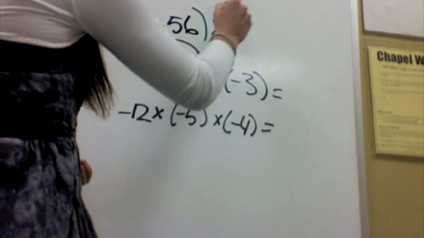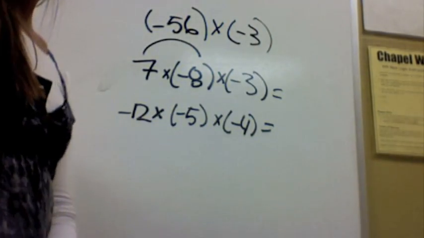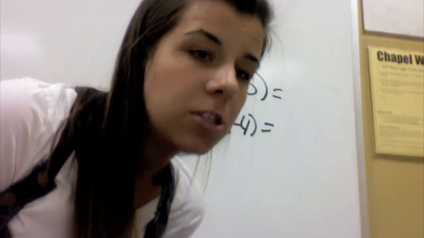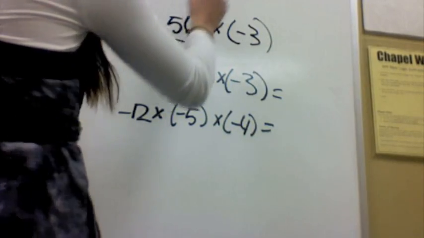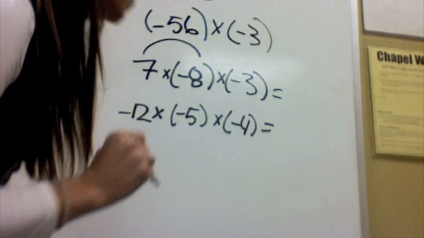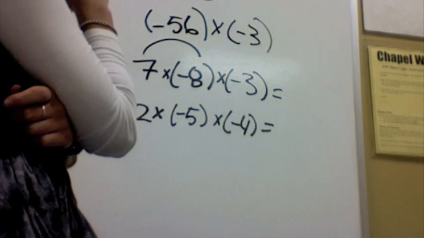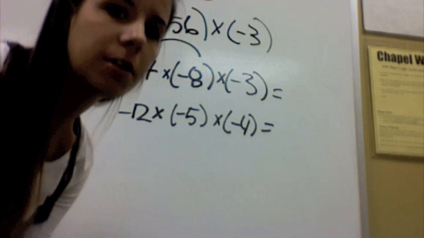And then we have to multiply that times -3. So, knowing my handy-dandy math facts, I know that 56 times 3 is 168. I think. Call me out if I'm wrong. I'm pretty sure that's right. But what do we have for signs? Let's think back to what we learned before.